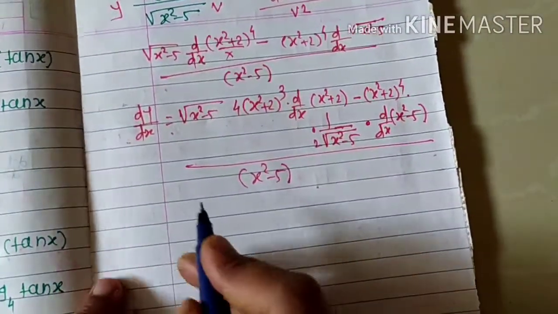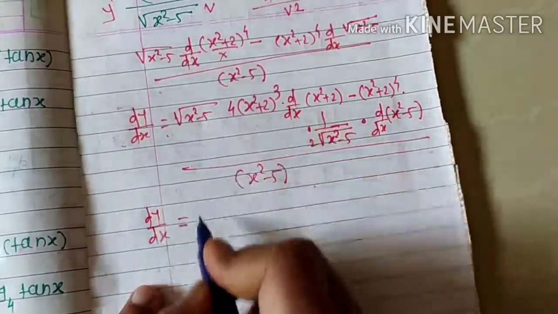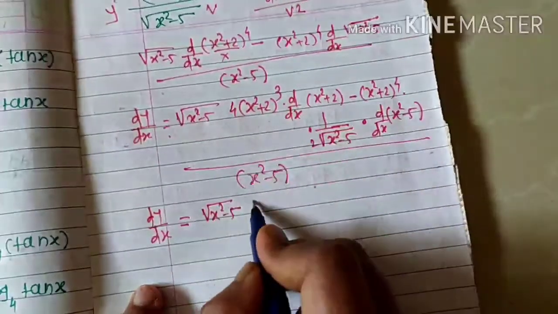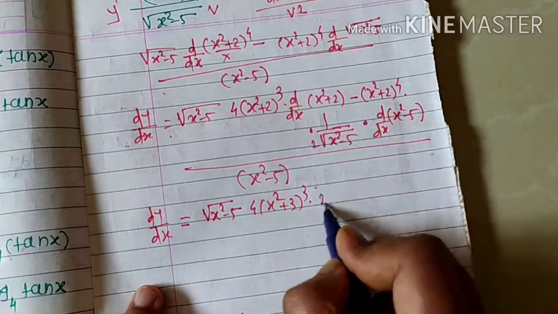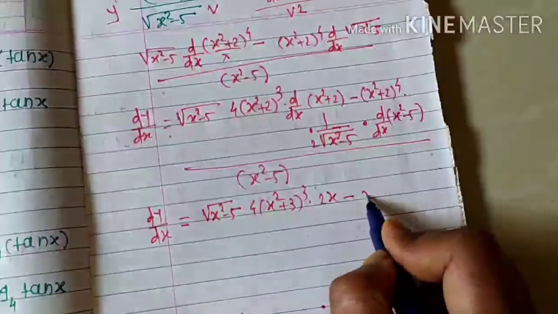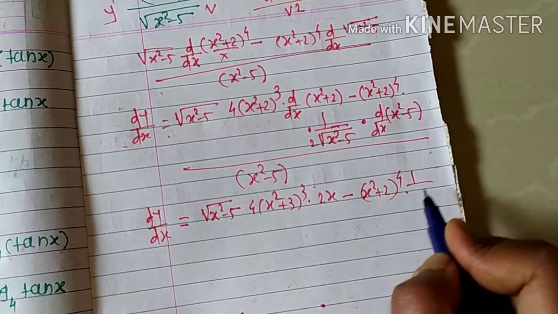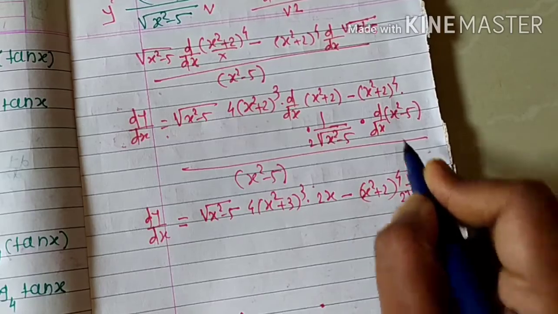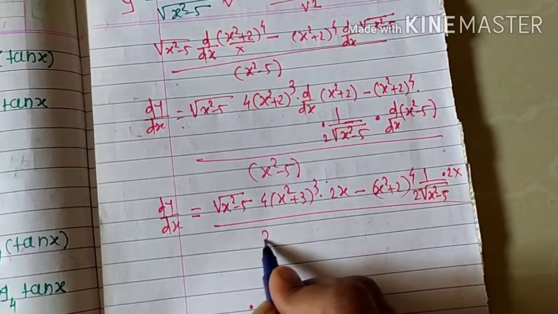Okay, then dy by dx is equal to square root of x square minus 5 into 4 x square plus 2 raised to 3, the derivative 2x, minus x square plus 2 raised to 4 into 1 upon 2 square root of x square minus 5 into the derivative 2x, divided by x square minus 5.